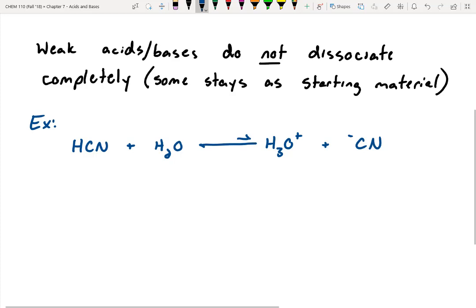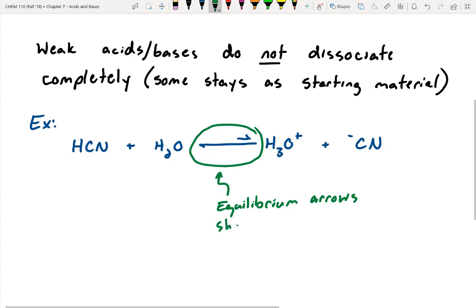So most of it's staying as starting materials, showing that starting materials, and I'm going to abbreviate that, are favored.